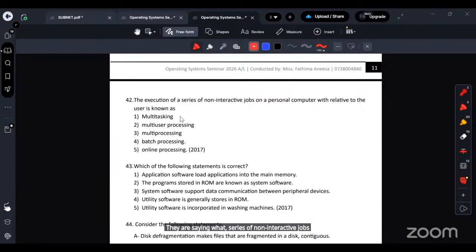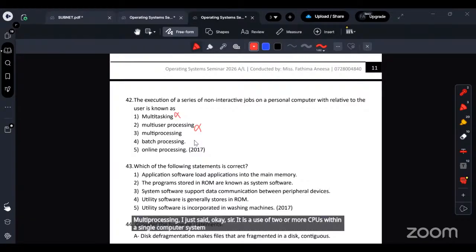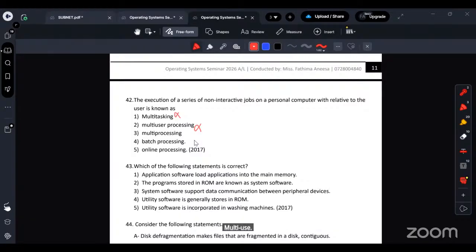So no. Multi-processing is the use of two or more CPUs within a single computer system. Not related. Multi-user means multiple users are using it.